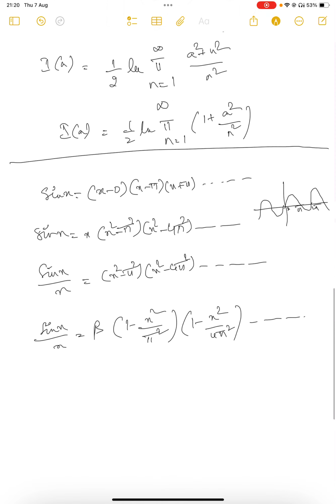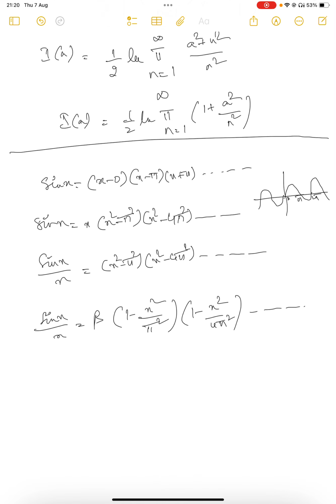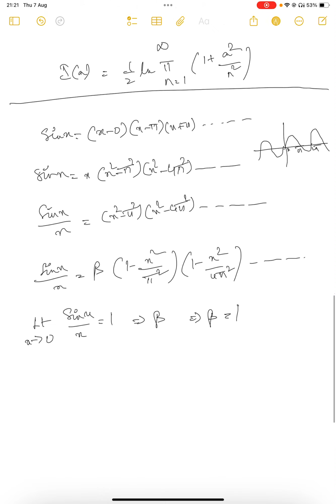And so on, right? This is the case. And let's apply a limit here. Limit x tends to 0, sin x by x equal to 1, everything will get 0, right? We know that this formula is 1, then this will be beta. That is beta equal to 1.